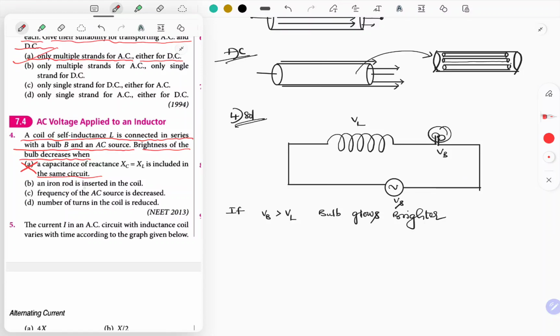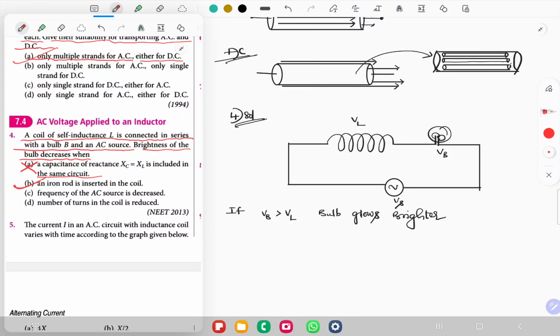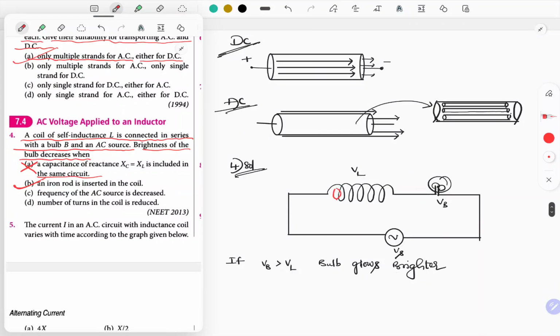Next, an iron rod is inserted in the coil. It may be possible because if I place an iron rod in the coil carrying variable current, definitely it will magnetize this iron rod. Magnetizes in the sense all the dipoles will align in the same direction.